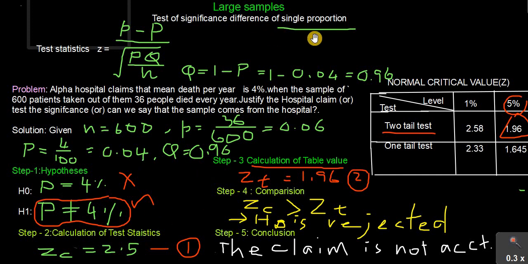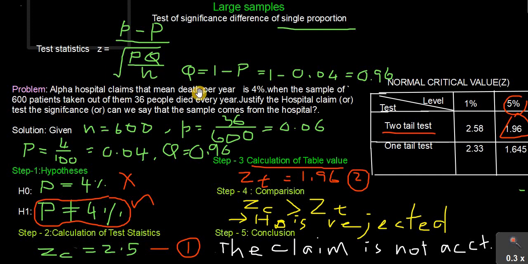For single proportion, the test statistic formula is P minus capital P divided by the square root of PQ by N, where P is the sample proportion, capital P is the population proportion, Q is equal to 1 minus P, and N is the size of the sample.